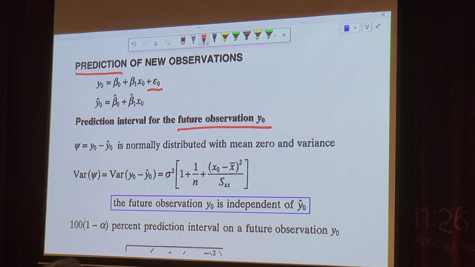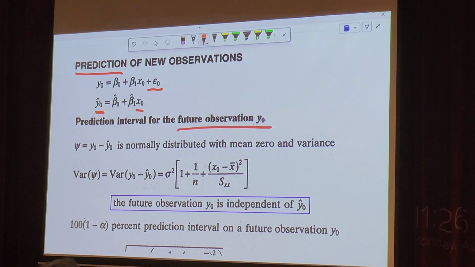So it's a future observation. Now, of course I can use my model, put in 6 here, and then I can estimate this person's monthly salary. Okay? So that's what I can do.